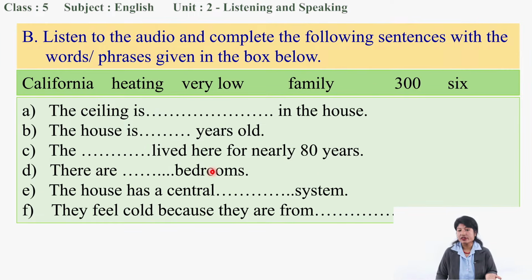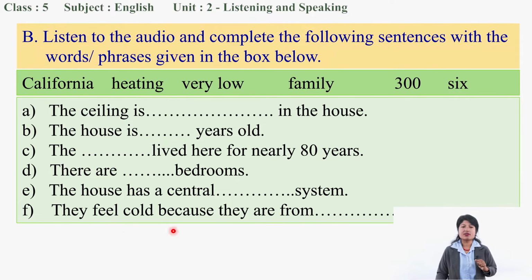Who lived here for 80 years? And then, there are blank bedrooms. How many bedrooms? Was there talk about bedrooms in the listening? Yes or no? You can listen again and find it out. Okay, the house has a central blank system. What kind of system was there? Were they talking about any system?